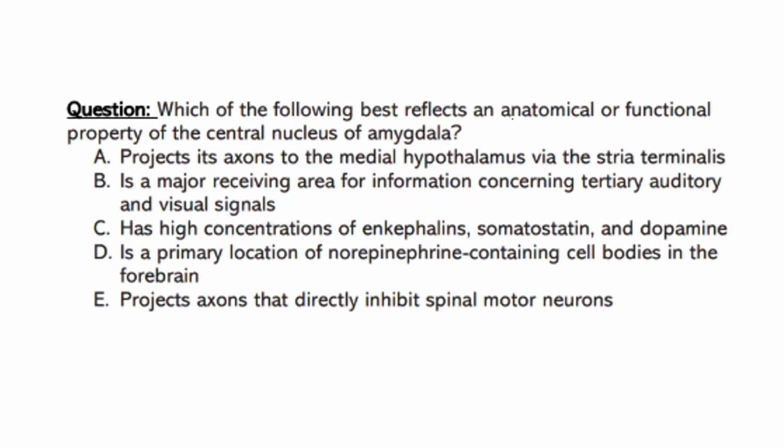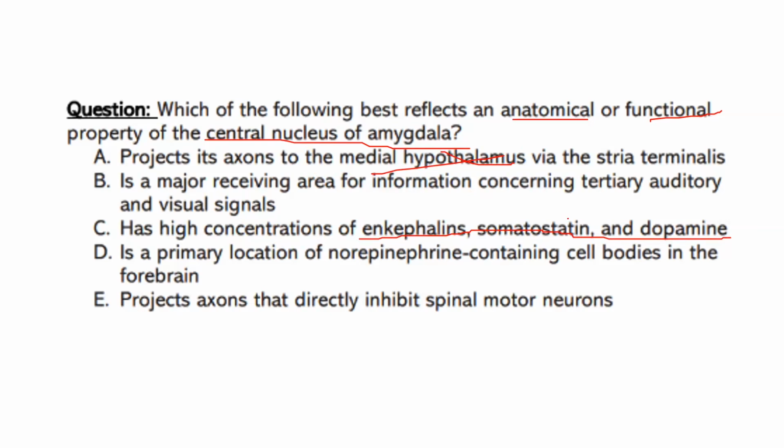Which of the following best reflects the anatomical or functional properties of the central nucleus of the amygdala? Projected axons for the medial hypothalamus is wrong. Tertiary auditory and visual signals is also wrong. High concentrations of enkephalins, somatostatins, and dopamine is the answer. There's not really much to explain here.